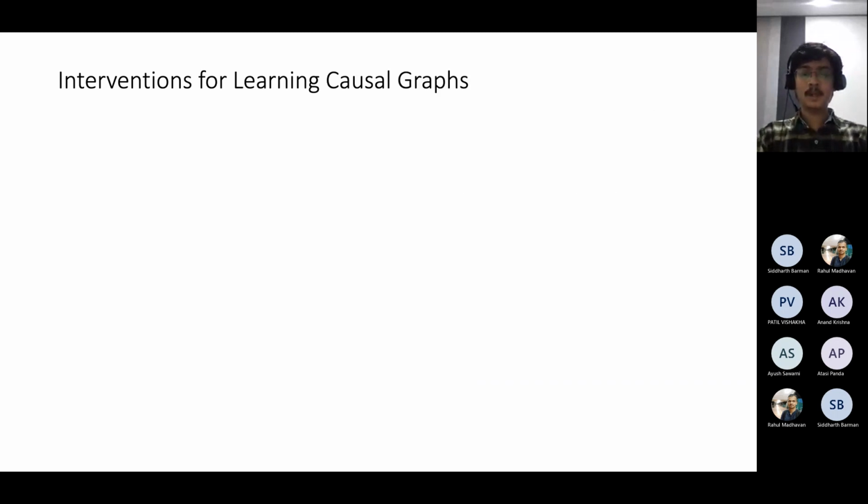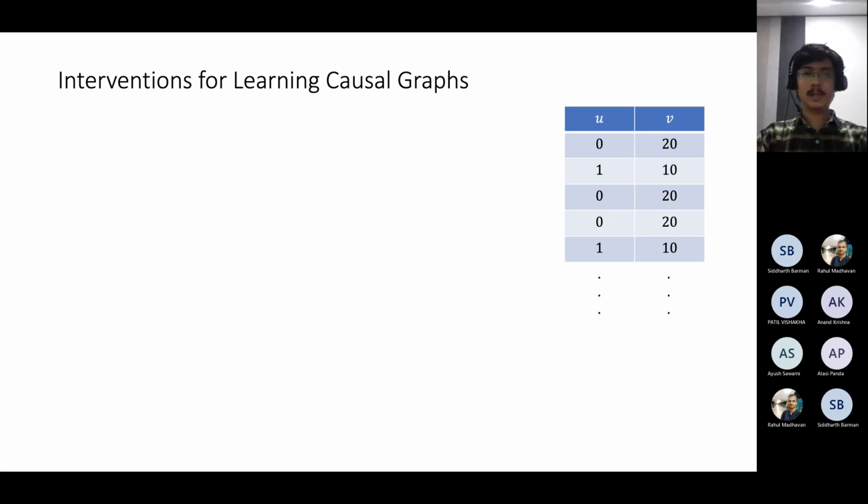Now I'll give an example to illustrate why interventions are actually necessary even in the simplest of cases. Consider the data set shown here with variables u and v.